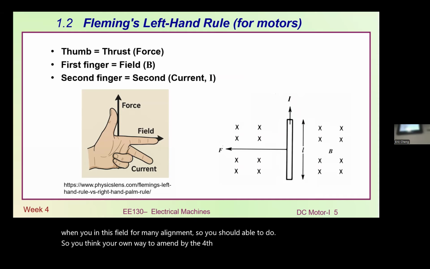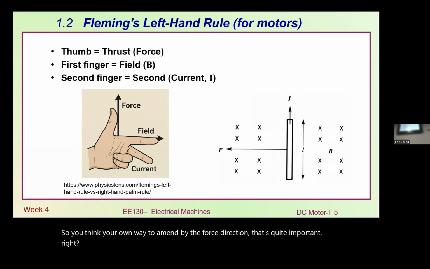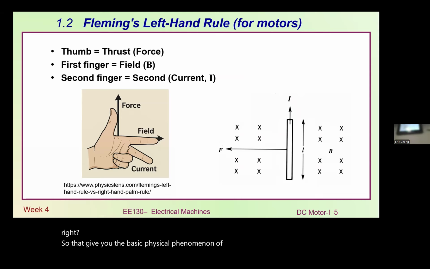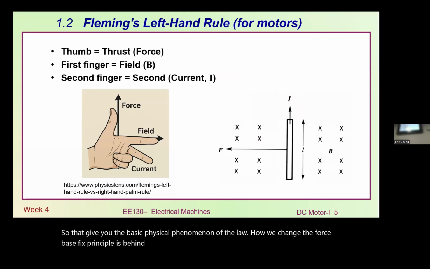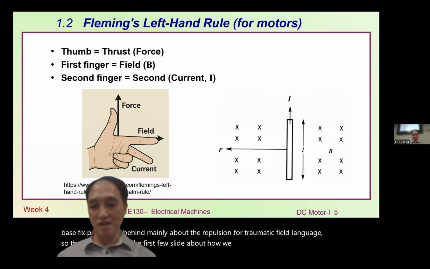That's quite important for the tests. So that gives you the basic physical phenomenon of the law, how we create the force. The basic principle is mainly the repulsion between two magnetic fields. That's how we develop the first few slides about how we create the force for the DC motor.